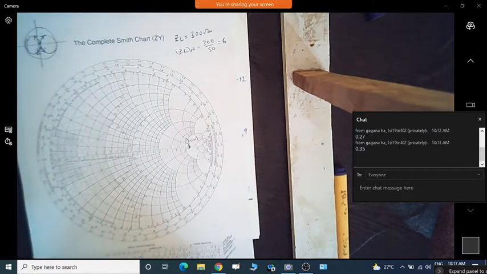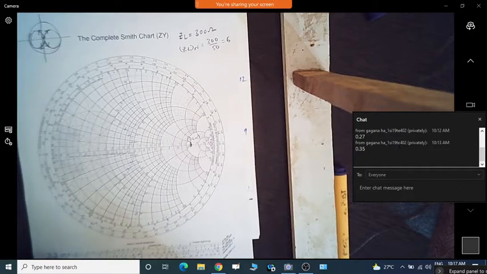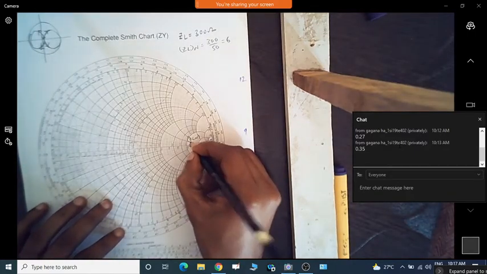Now after this, again you have to find out what is the impedance at that point. Once we know the point after adding L3, you have to see what is the point which is offering the impedance. So let us take that impedance.